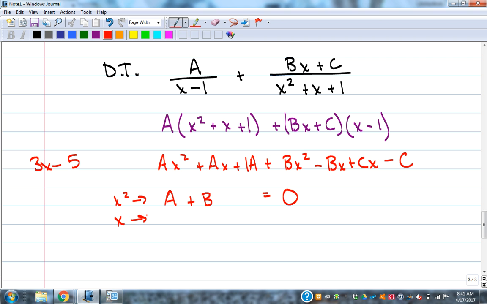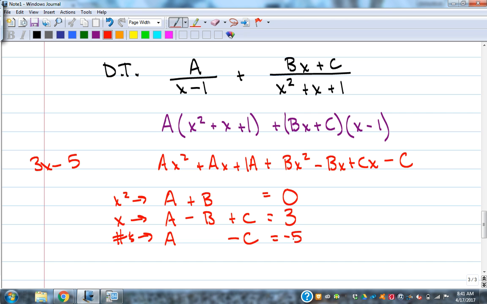So a minus b plus c equals how much? 3, because there's 3 in front of the x in the numerator. And then our numbers, we got a and then a minus c, and that's equal to -5.